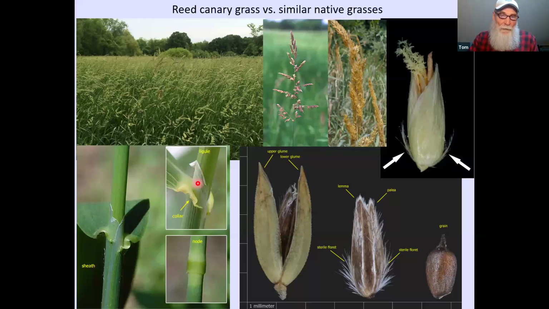This is where the ligule is. There are lots of important structures right in this area. We see this somewhat distinctive, very large membranous ligule that's characteristic of reed canary grass. It's usually in the range of 5 to 10 millimeters in height, so very conspicuous. This collar is just this area that's kind of light whitish yellow. There'll be another slide here.